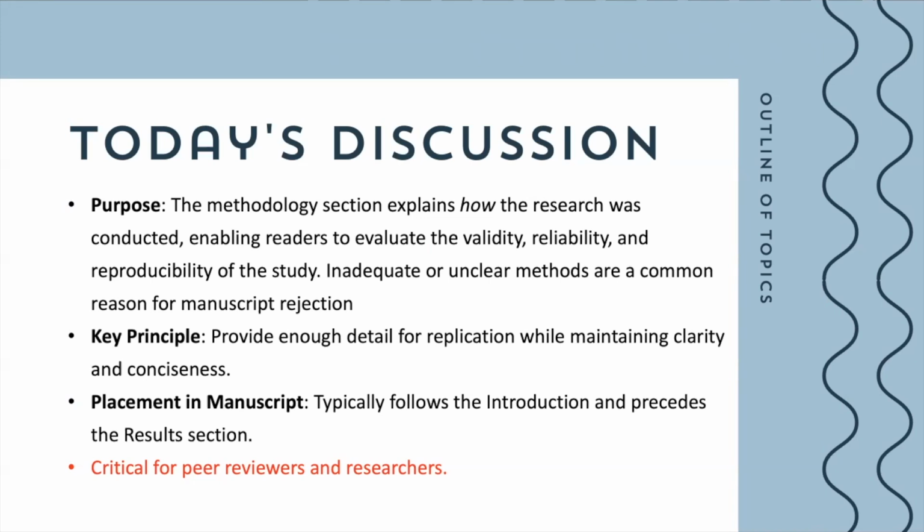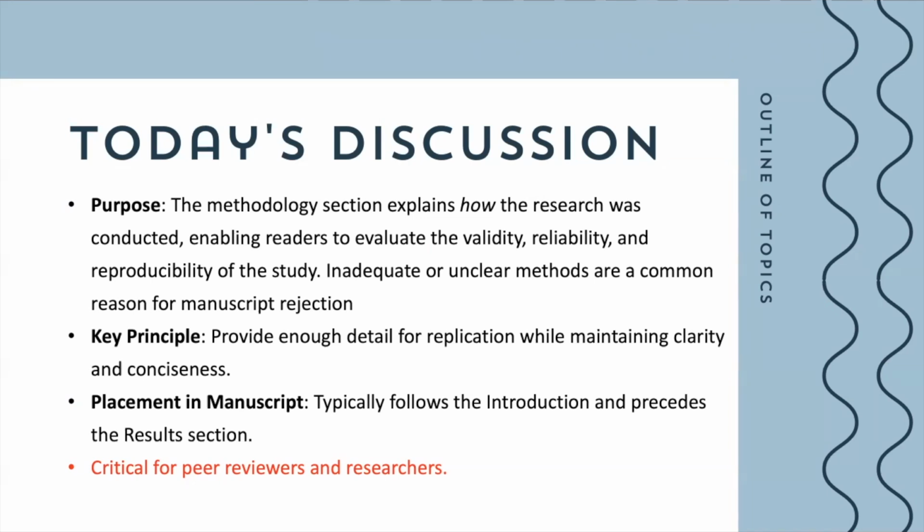The key thing to remember here is that researchers need to provide enough detail for others to replicate their work. It's all about balance, being thorough while keeping things clear and concise. We want to know what was done without wading through pages of jargon, right?